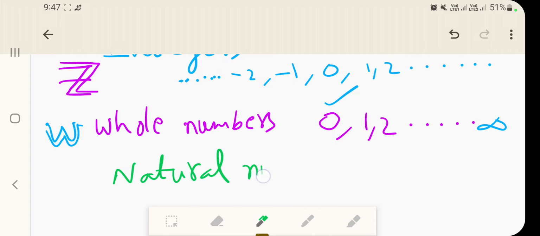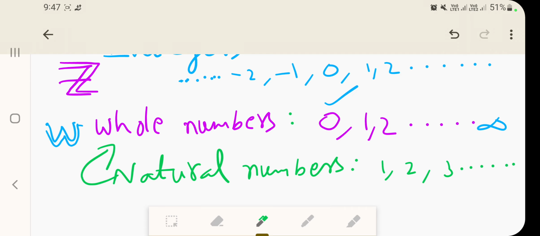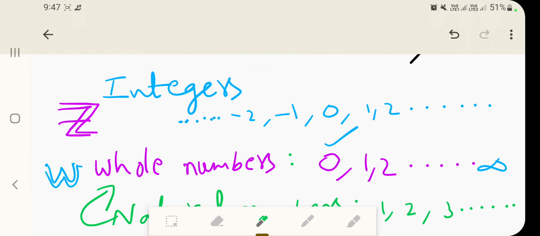The numbers 1, 2, 3 and so on, except 0, are natural numbers. If you include 0, the natural numbers become whole numbers. If you include negative numbers, -1, -2, -3, then whole numbers become integers.